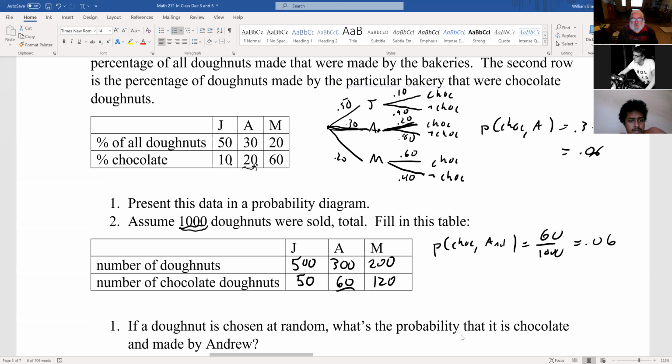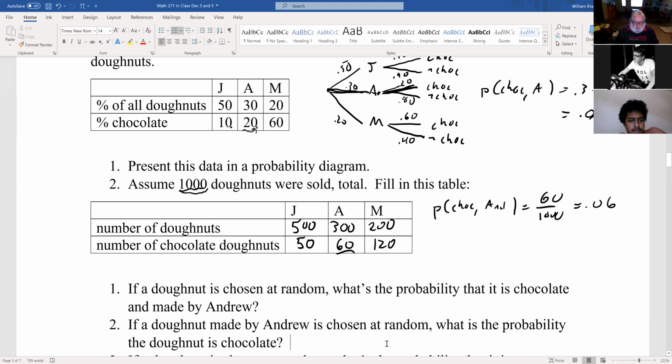What percentage of donuts made by Andrew are chocolate? 20%. So 0.2, or you could think of that as being 60 over 300, which is the same thing. Andrew makes 300 donuts, 60 of them are chocolate.